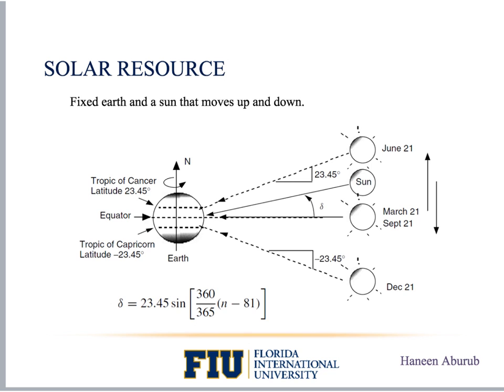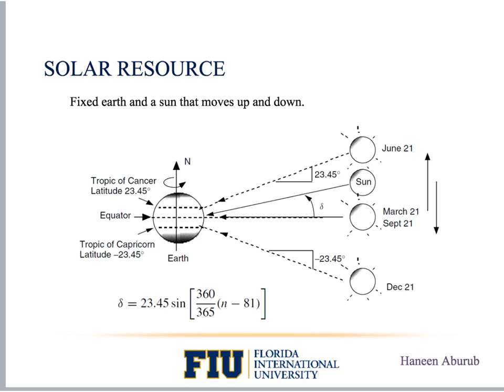Now the figure that we saw before, which showed the Earth rotating around the Sun in an elliptical orbit, and the Earth rotating around itself, is actually difficult to use when trying to determine the various solar angles as seen from the surface of the Earth. So this figure shows the solar declination, delta.